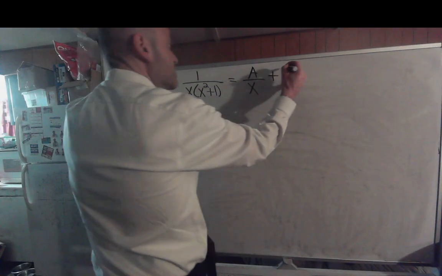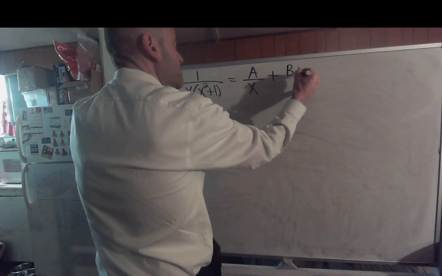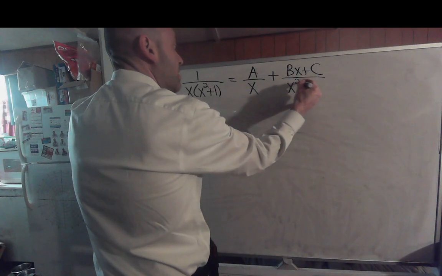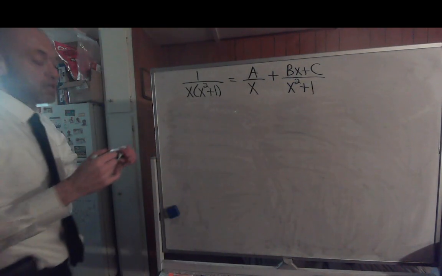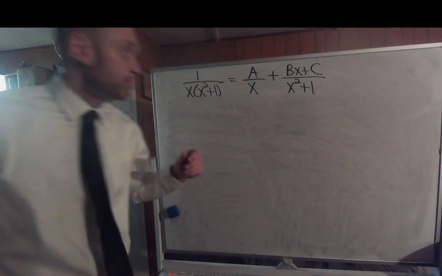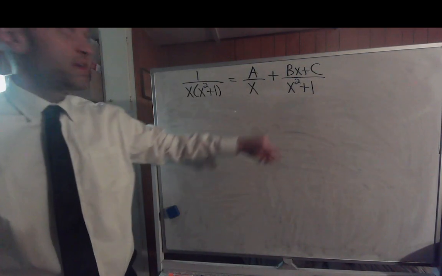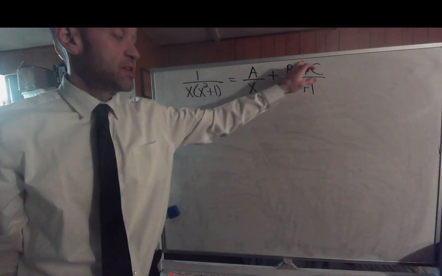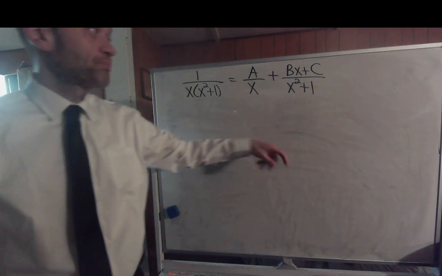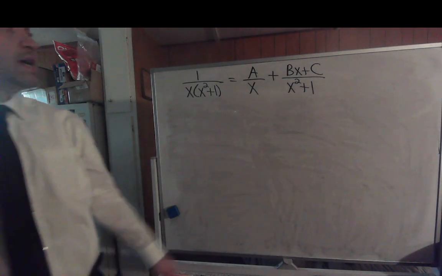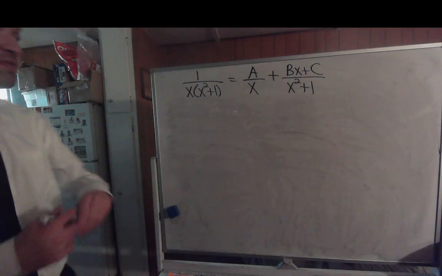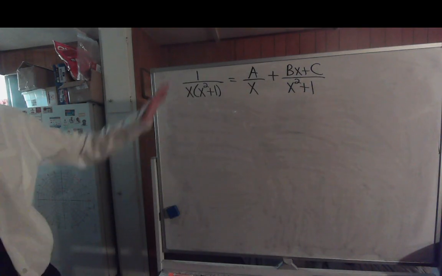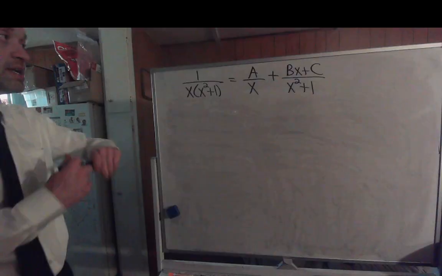So that means it's going to be in the form of plus bx plus c all over the x squared plus 1. So for your x squared plus 1 factor, the degree of your numerator should be just 1 degree less than the degree of the denominator. We'll do some more examples of these, but what you need to do now is go ahead, multiply both sides by your common denominator.